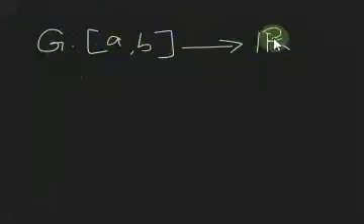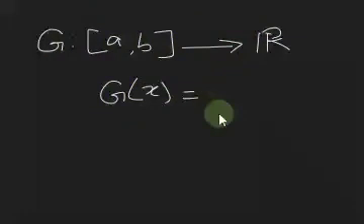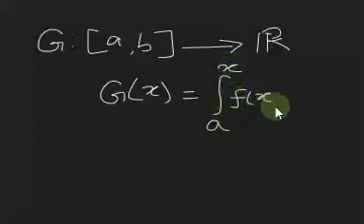Let's define G of x as the integral from a to x of f of t dt. t is the dummy variable.